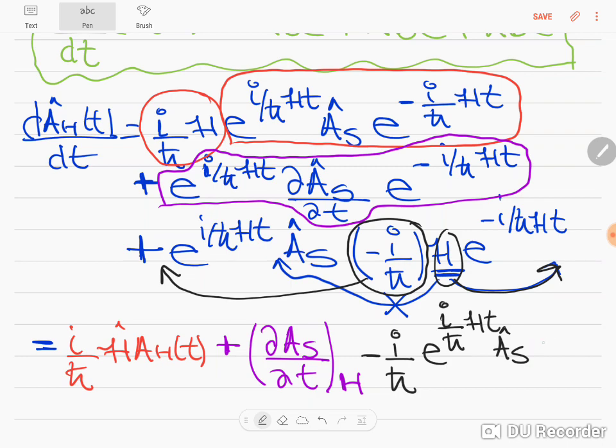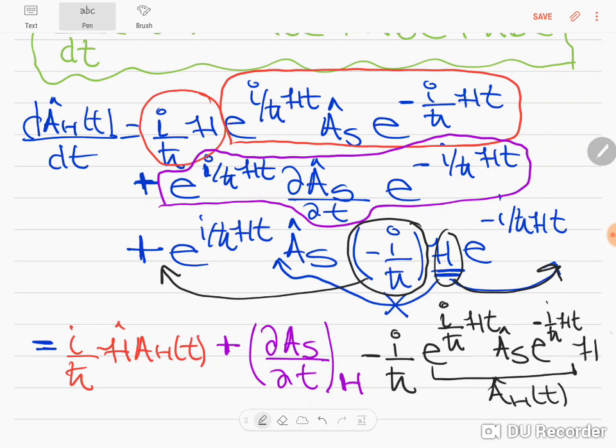What else? So I write e to the minus i over h bar Ht, and here I write h. So what actually is this? This here is nothing but the representation we started with for H_H(t).